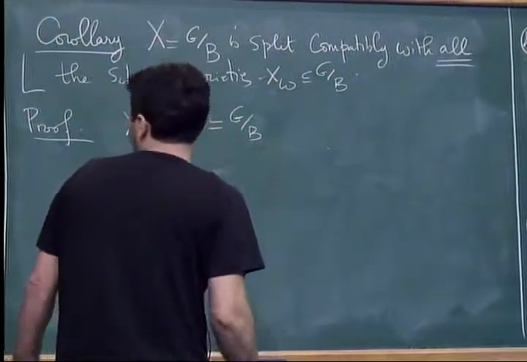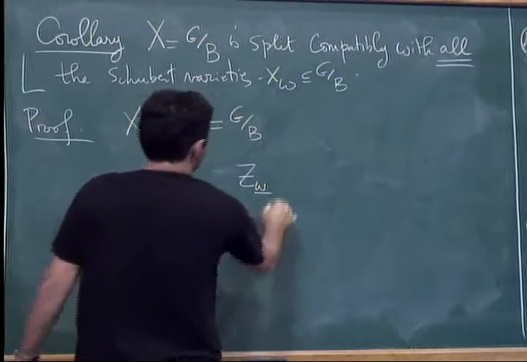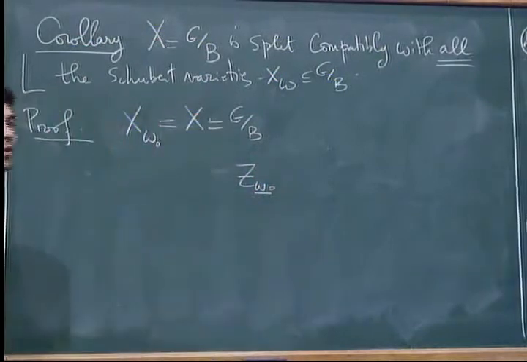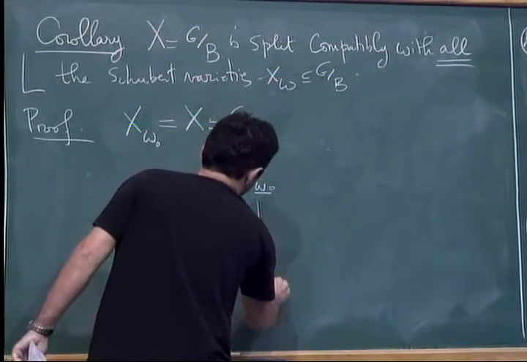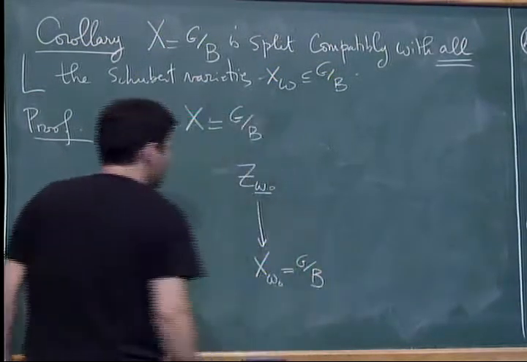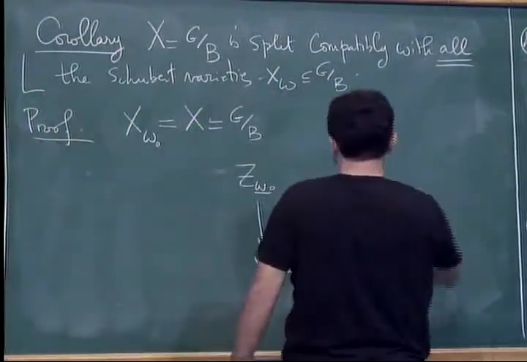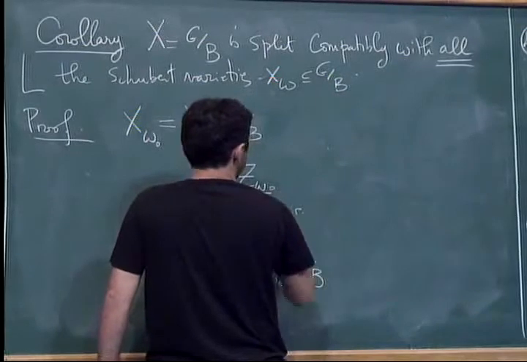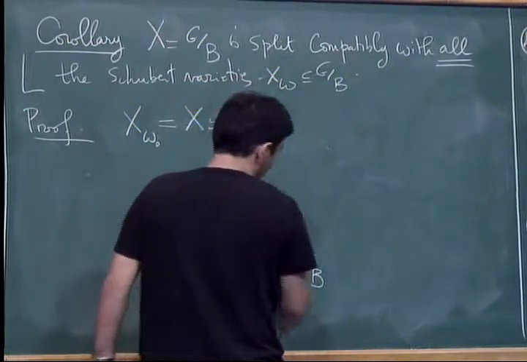So you consider now Z omega node over X omega node, which is G mod B. We know from point 4 that this is birational.